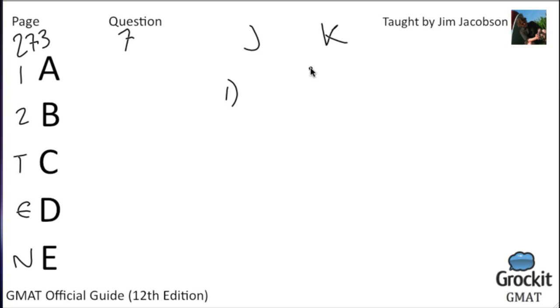Statement 1, type J returns $115 per $1,000 invested for any 1-year period, and type K returns $300 per $2,500 invested for any 1-year period. For those having trouble turning the words into math, that basically says that J is 115 over 1,000 and K is 300 over 2,500.